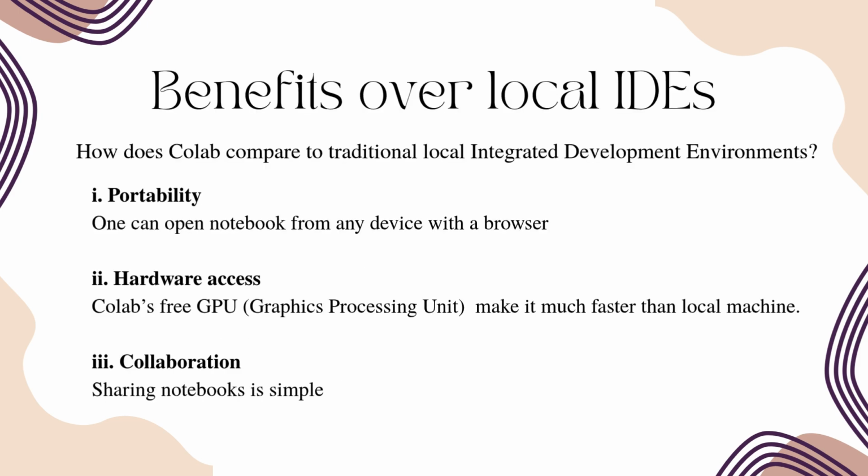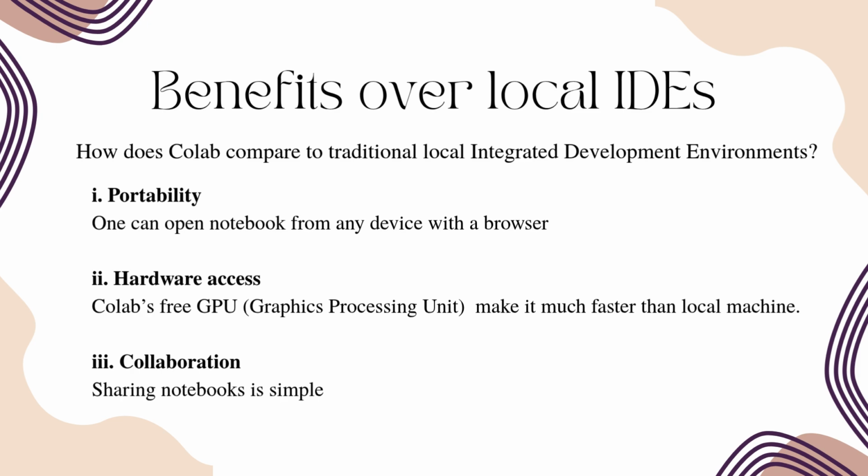Now, benefits over local IDEs. How does Colab compare to traditional local integrated development environments? First is portability. Since Colab runs in the browser, you can access your code from anywhere: home, school, office, and even switch devices. All you need is a Google account and a browser.